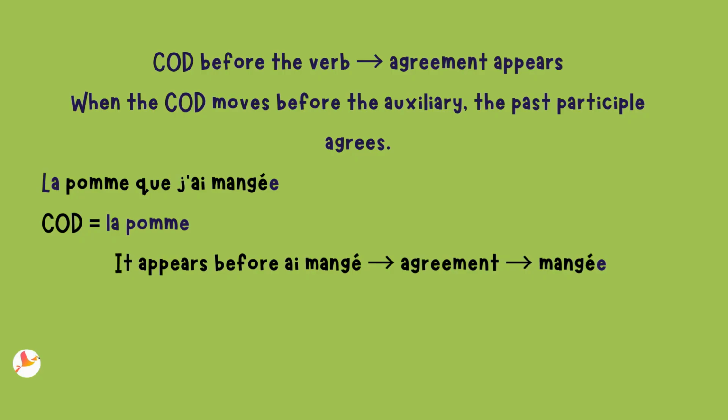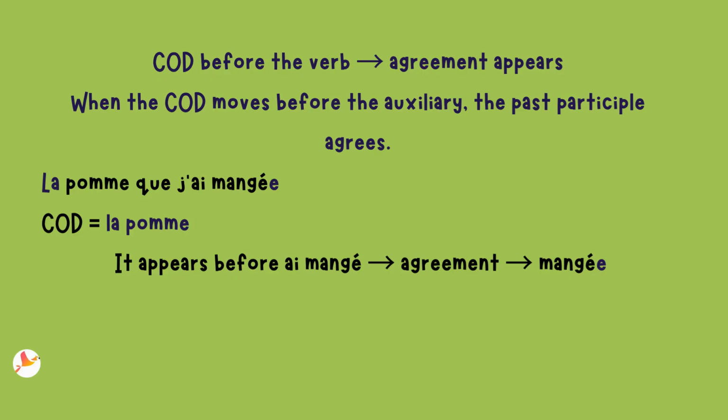In contrast, if the direct object comes before the verb, agreement takes place. So when the direct object moves before the auxiliary in terms of the position, there is agreement between the past participle and the subject.